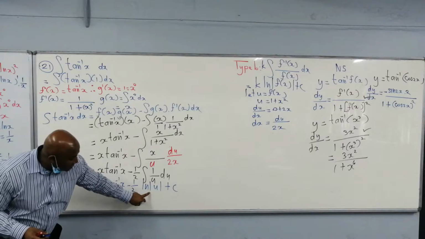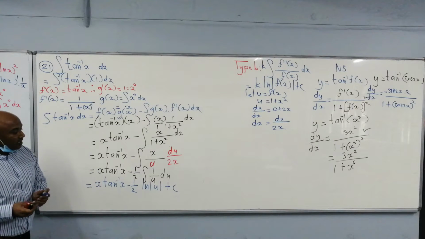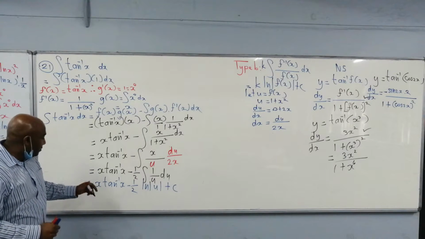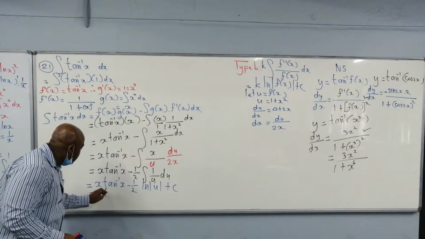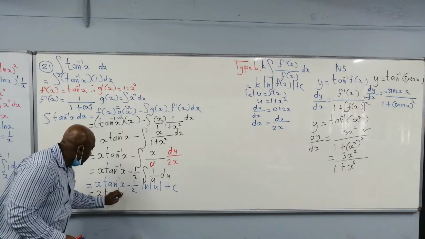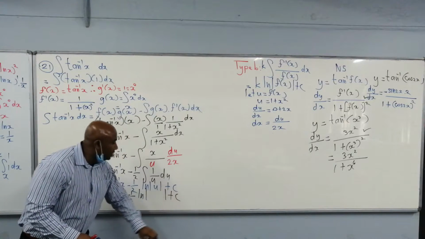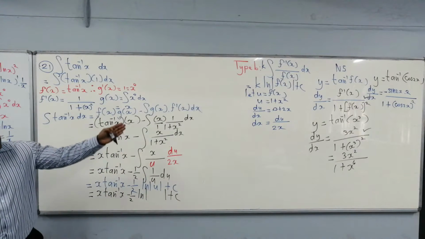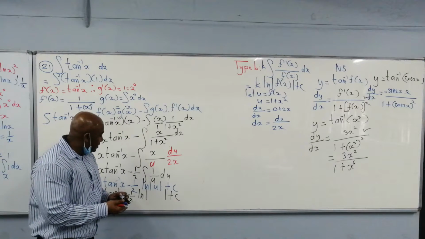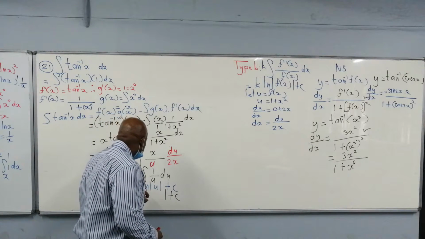Okay, then you'll see why these two lines are important. Those are the absolute value bars. So now we're going to go x inverse tan x minus 1 over 2 ln absolute value of u. What was u? Substitute back. U was 1 plus x squared.